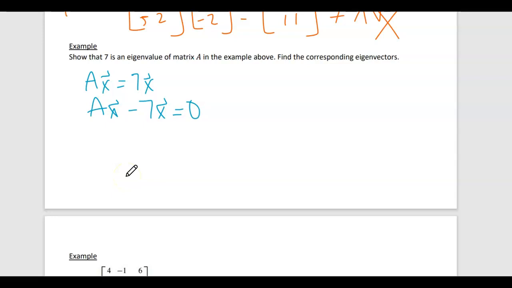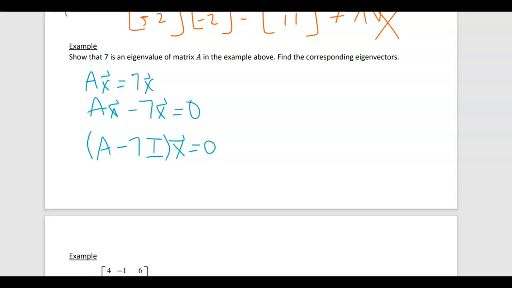And so I can factor out an x, and I don't know the size of matrix A, so I'm going to say that A minus 7 times I, where A and I are the same size, just to make sure that I get that scalar multiple on the diagonal correctly, is then equal to 0.